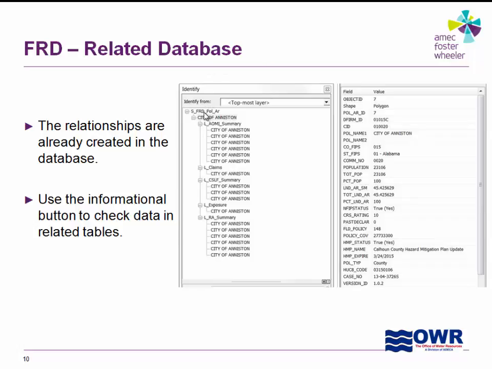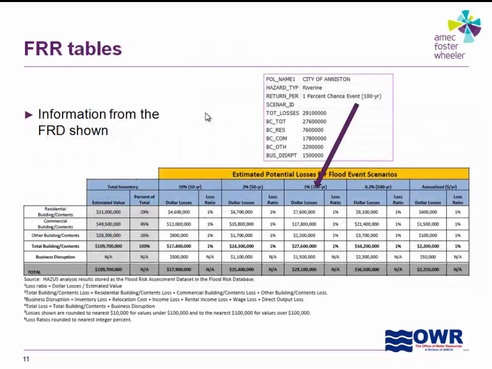Similar to how we just went over. And for the summary, these are going to account for exactly what you see in the flood risk report, and these dollar values here with the total inventory. This number here is going to come from the exposure, and these all come from those different return periods you see within the summary.